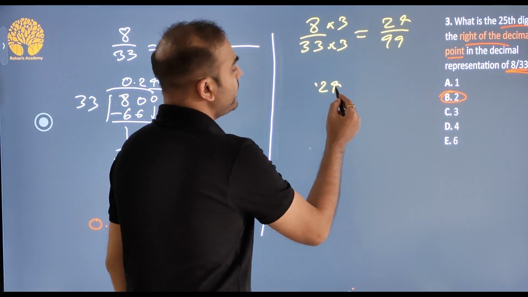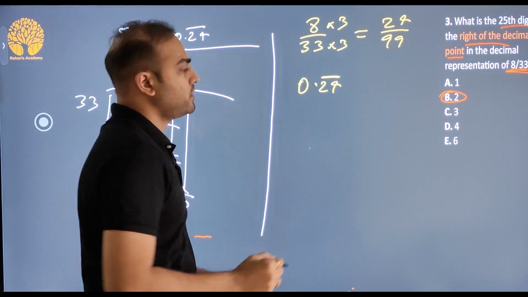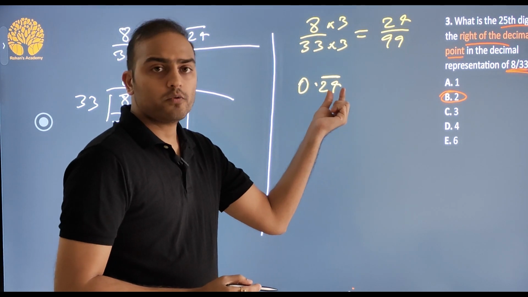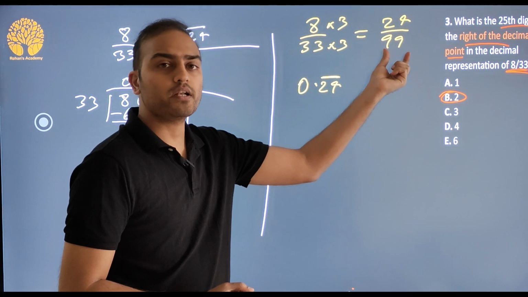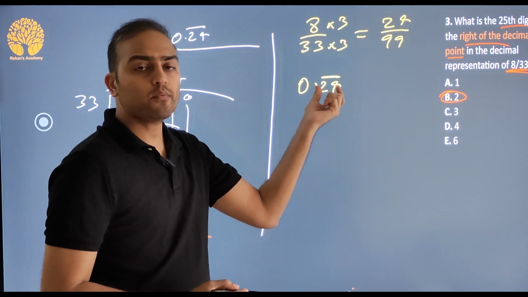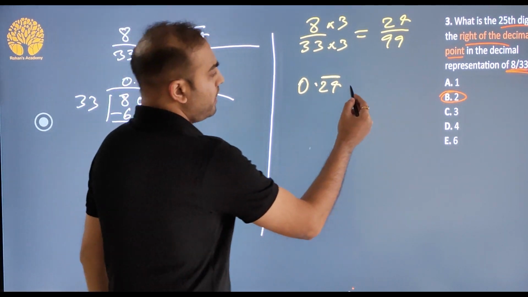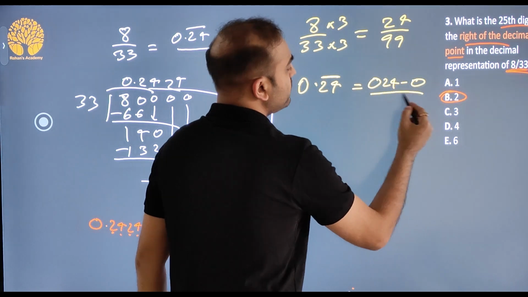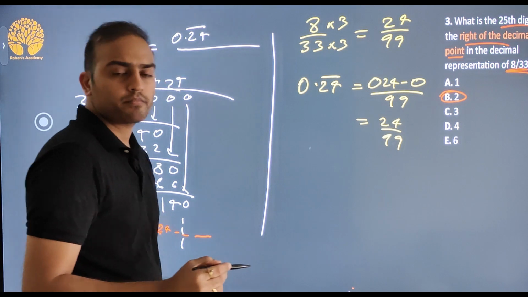This is 0.24 bar, because of 24 in the recurring decimals, the denominator will be 99. How can I get 24 in the numerator? If I just add a 0 and convert this, this is 0.24 minus 0 by 99. That's 24 by 99.